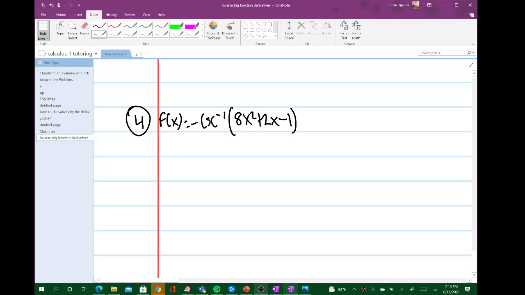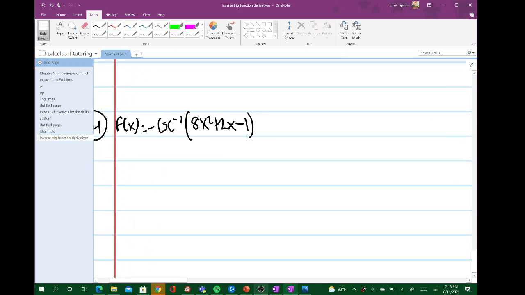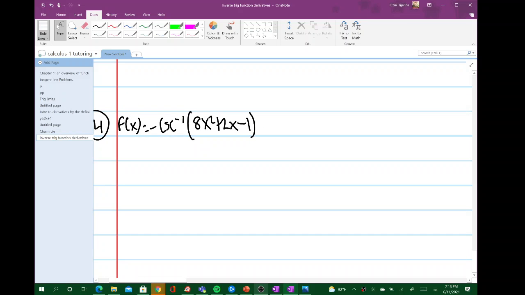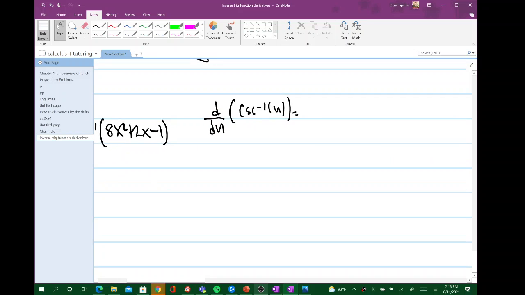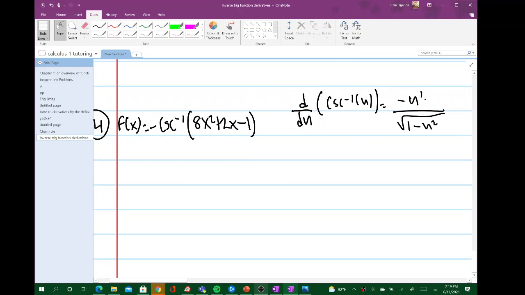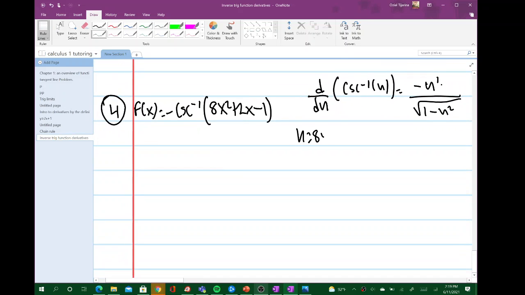So the negative, so basically d du of cosecant inverse of u is going to be negative u prime over u times the square root of u squared minus 1. So here, u equals 8x squared plus 2x minus 1. U prime is going to be 16x plus 2.